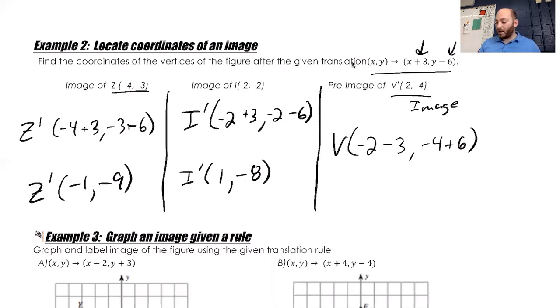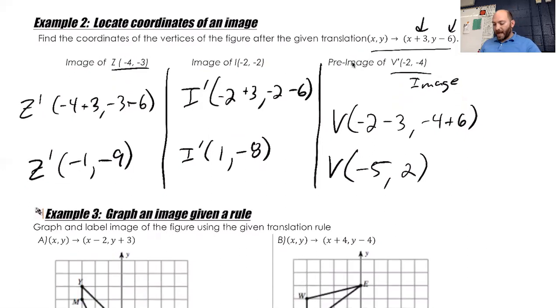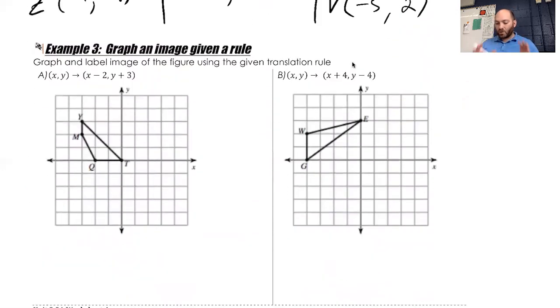Here's my image. How do I get backward to the pre-image? These are super easy. Here's my pre-image. How do I find the image? Like that. Okay, so now I'm going to work these backwards so that v is going to be at -5 and a +2.